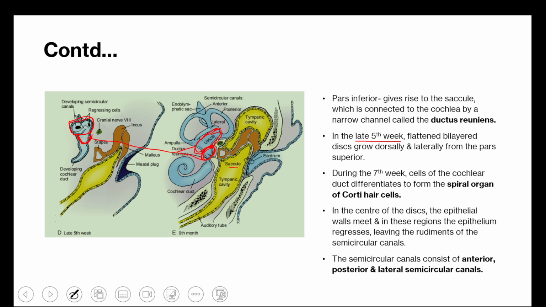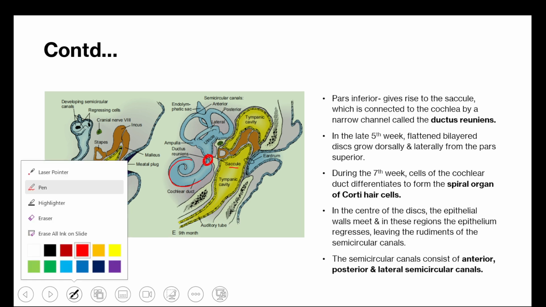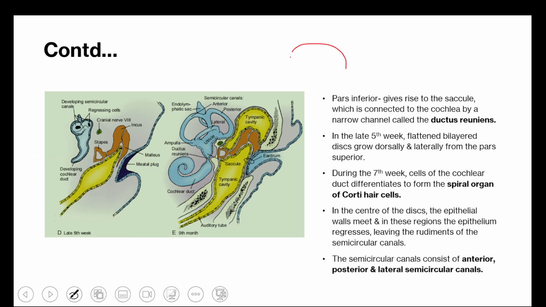Now this saccule is connected to the cochlear region with the help of the ductus reuniens, which is presented here as a narrow structure. This narrow structure is connecting the saccule with the cochlea. And also we see that the semicircular canal is connected with the vestibule here, and both ends of this canal open into the vestibule.